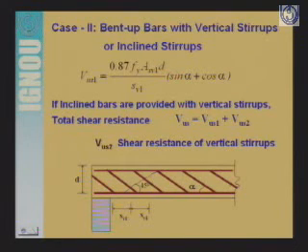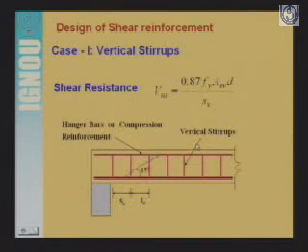Some shearing resistance will be provided by the stirrups also. So here two parts are there: shearing resistance provided by the bent up bars as well as shearing resistance provided by the stirrups. So shearing resistance provided by the bent up bars we have written here. Second part, shearing resistance of vertical stirrups, that we saw in the first case in this formula.